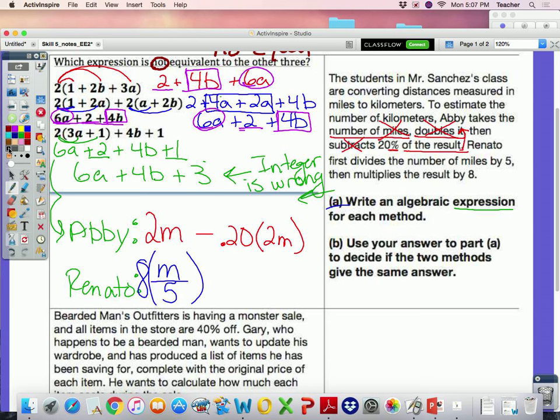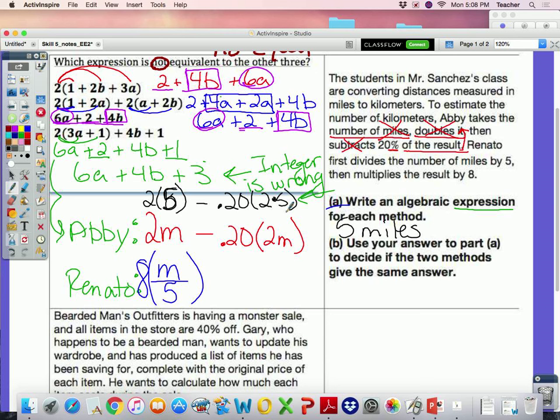So let's say we are traveling 5 miles. We'll keep it simple. So 5 miles. So let's plug this in for Abby. So Abby's going to say 2 times 5 minus 20 hundredths times 2 times 5. Okay. So let's solve that really quickly.